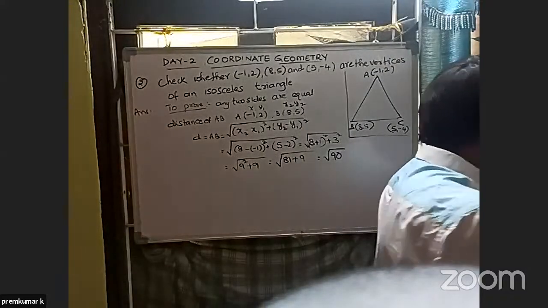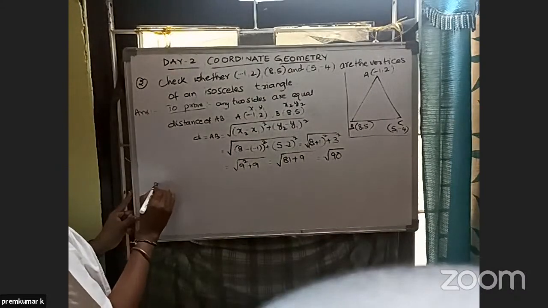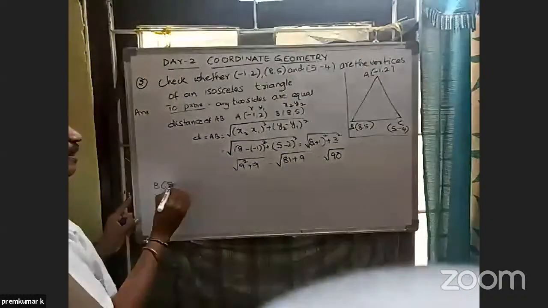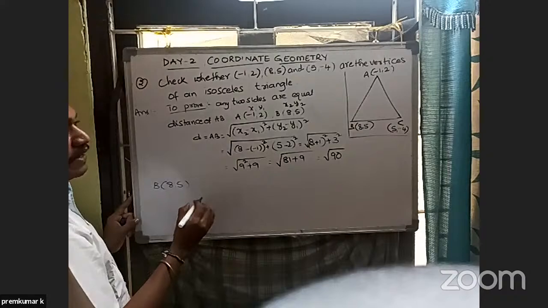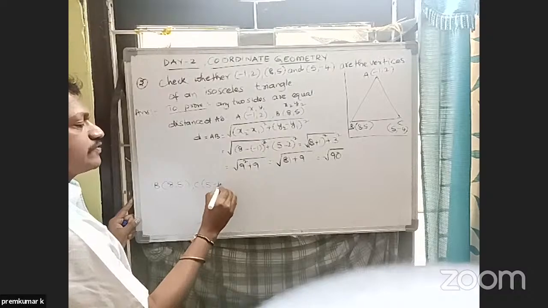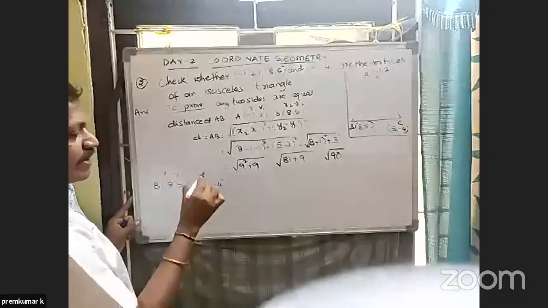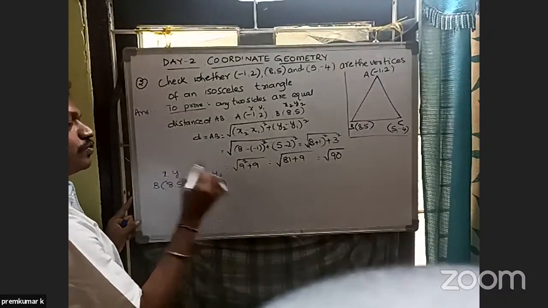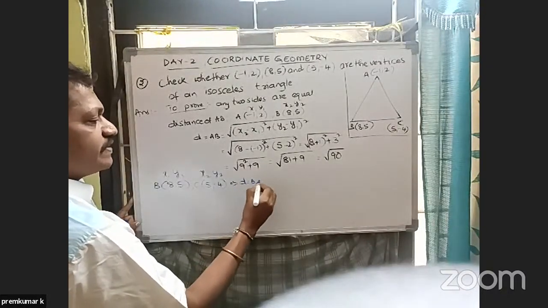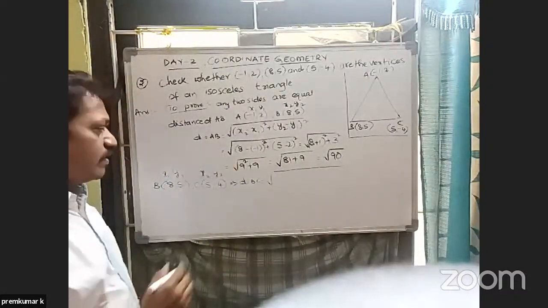That is root 90. Now I am finding the distance of BC. B here is 8 comma 5 and C is 5 comma -4. You take this as x1, y1, x2, y2. Now I'm directly doing BC under root, substituting these values in the formula.